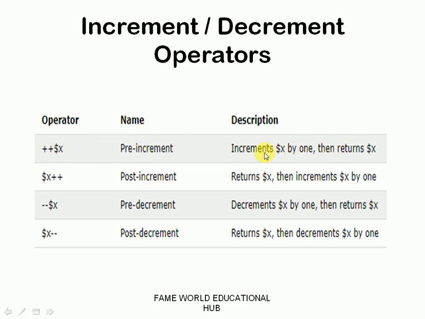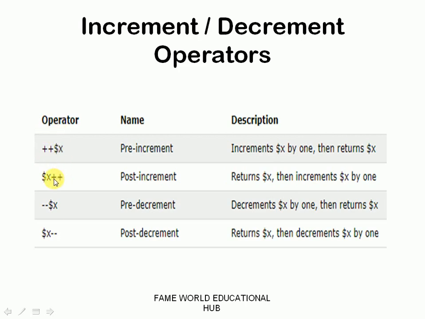So it will increment x by 1, then return x. As you can see, the plus symbol is placed before the operand, before that variable $x. So first of all, the initial value of x would be increased, then it would be printed.